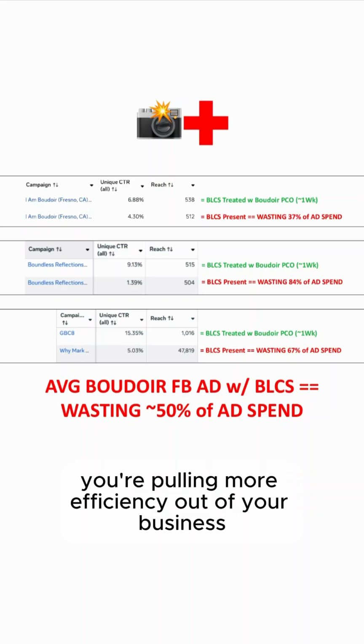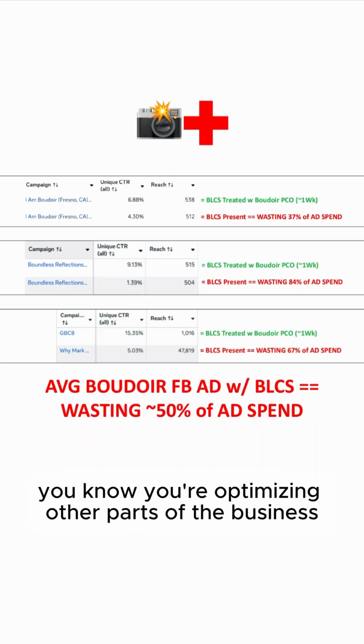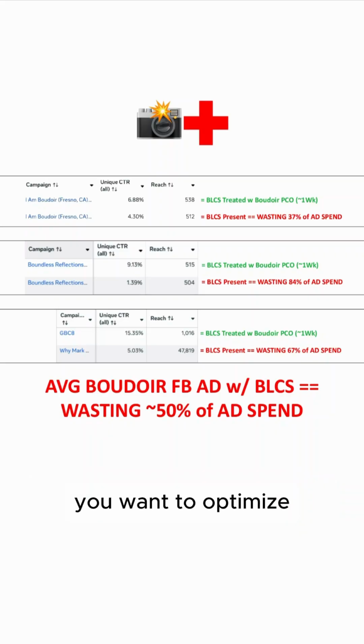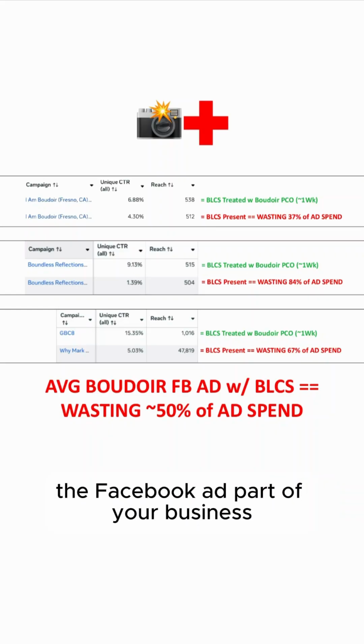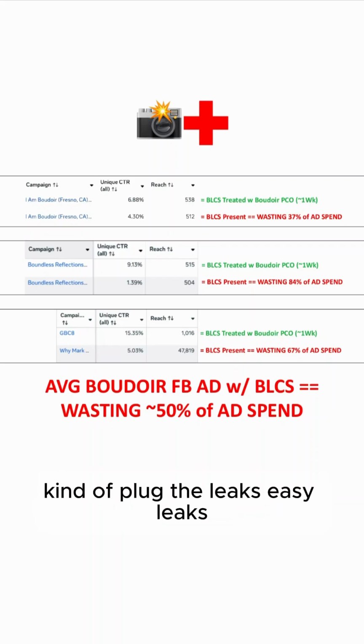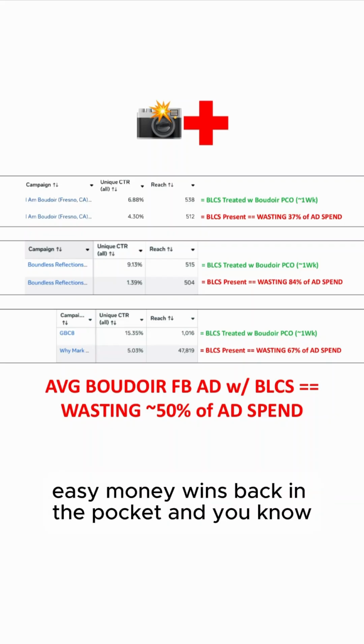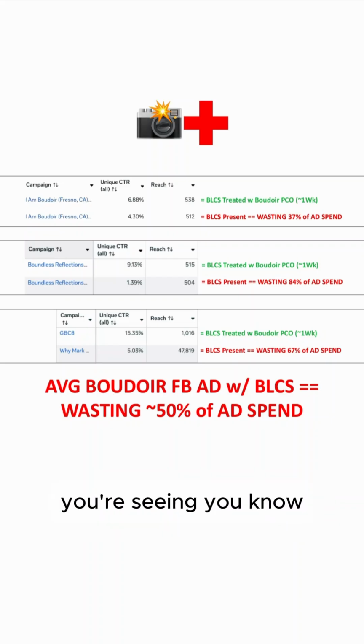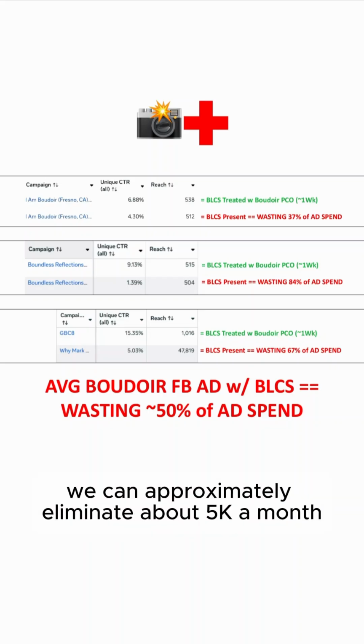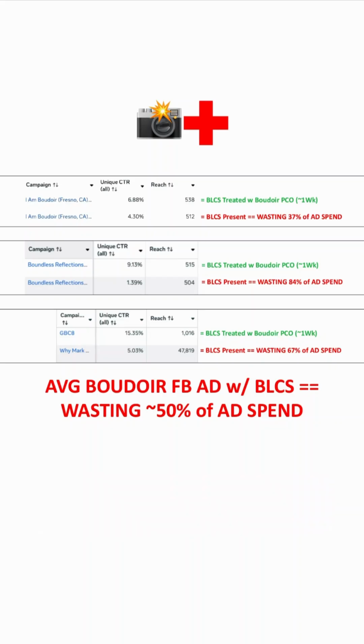So you decide you're pulling more efficiency out of your business. You're optimizing other parts of the business. Now you decide you want to optimize the Facebook ad part of your business, plug the easy leaks, get some fast, easy money wins back in the pocket. And you're seeing we can eliminate approximately 5K a month in wasted Facebook ad spend. Put that back in your pocket.